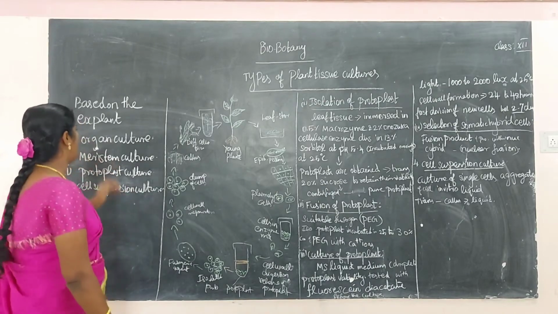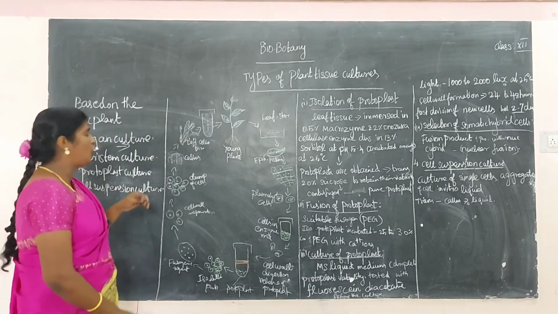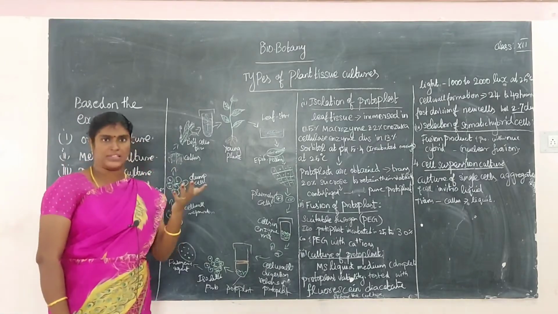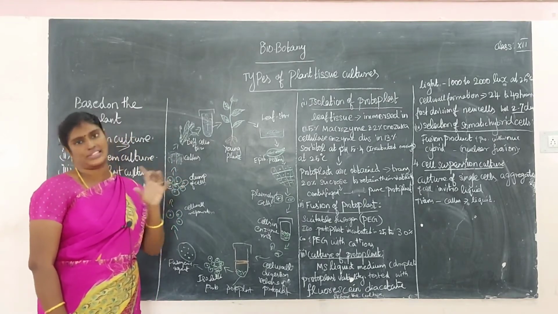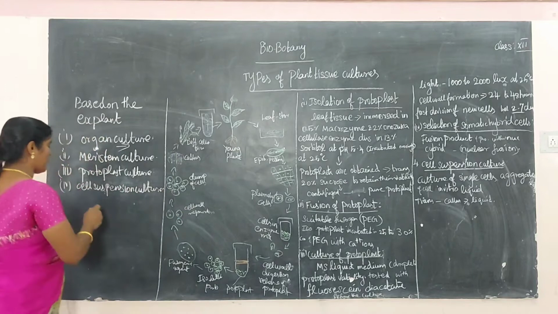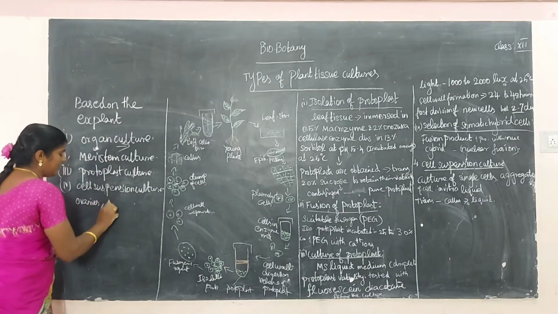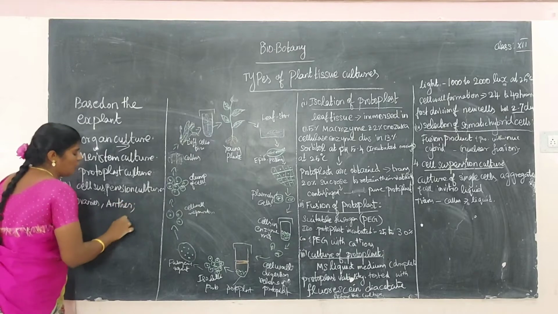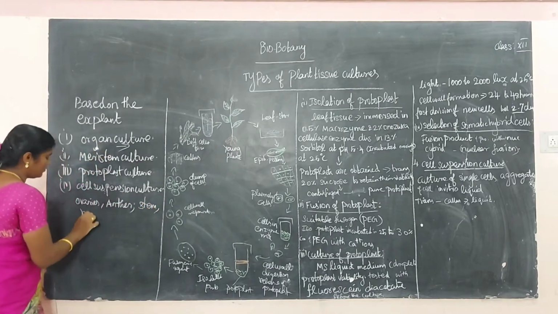What is the meaning of organ culture? Already you know culture is the growing of plant protoplasm. Organ culture means some plant organs are used in this culture. What are the plant organs? For example, ovaries, anther, stem and root.